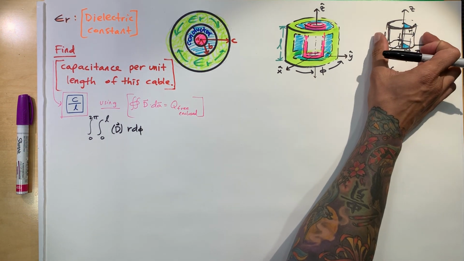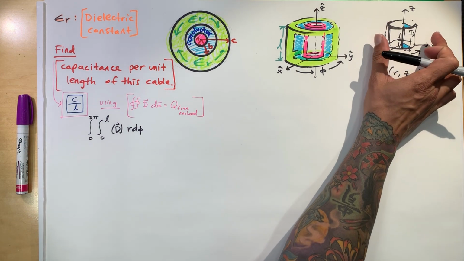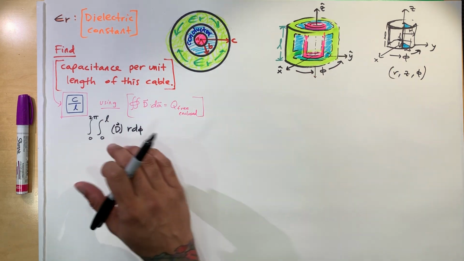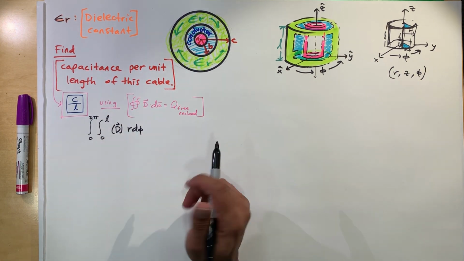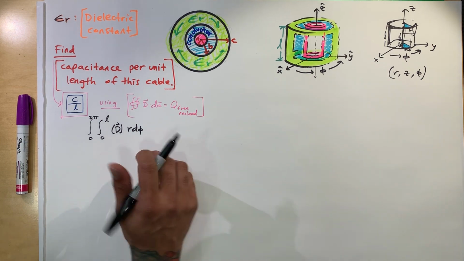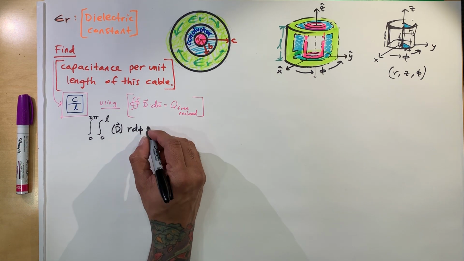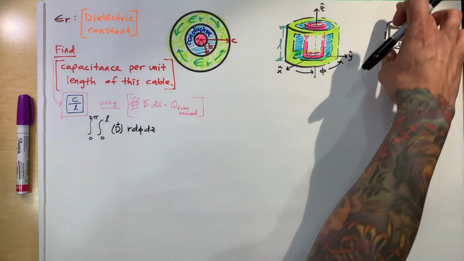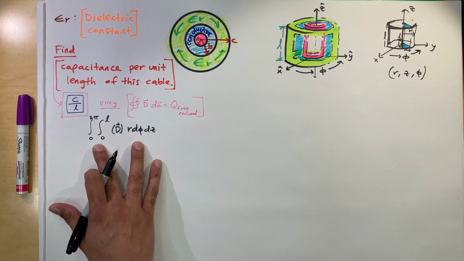If you're a little confused about this, I have another video showing how to derive exactly these coordinates and the double and triple integrals, so take a look at that. The next thing we integrate is dz, because we want to know the height. That's it for the left side.